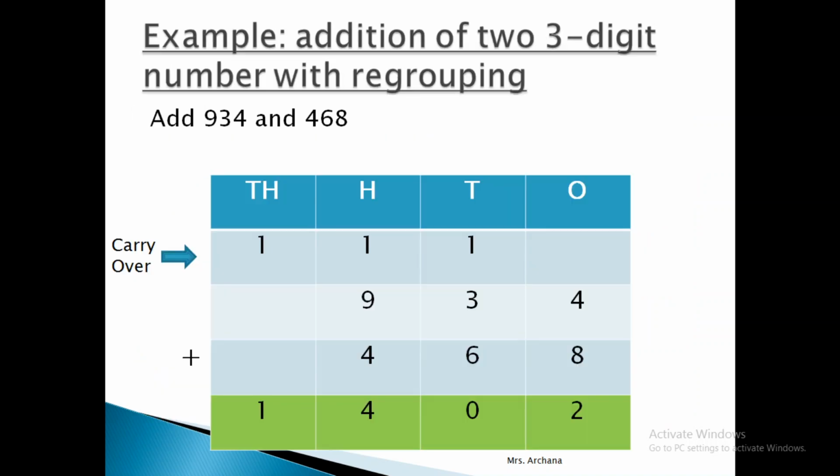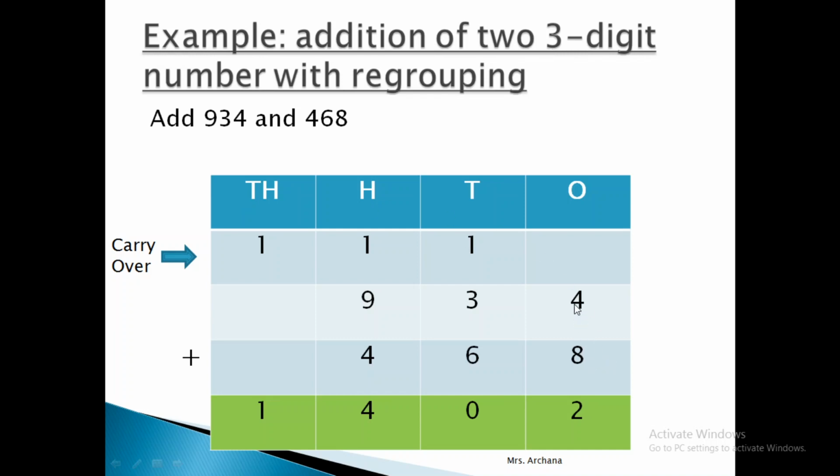Let's see an example. Add 934 and 468. The first thing is you have to arrange the numbers according to their place. I have already told you ones place, tens, hundreds, and this is one extra, that is thousands. Now first you add 8 plus 4.